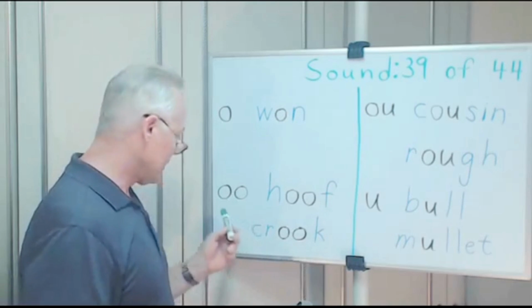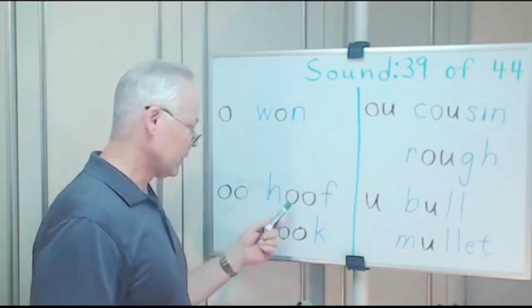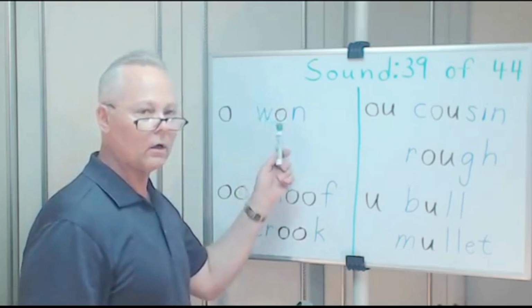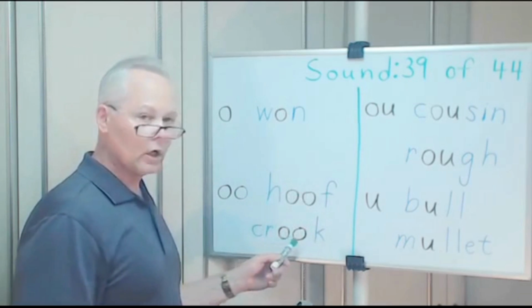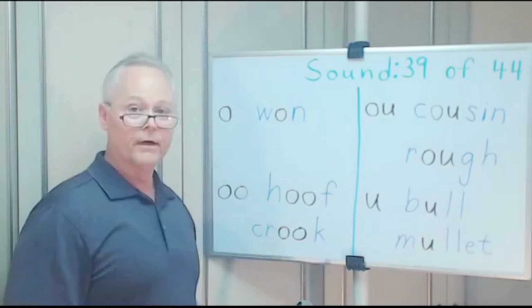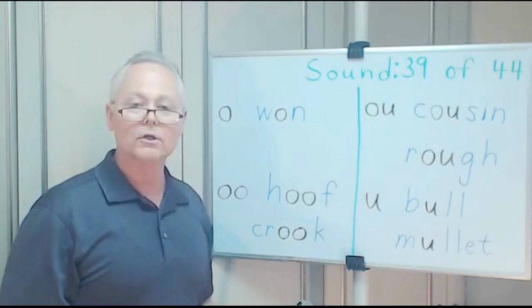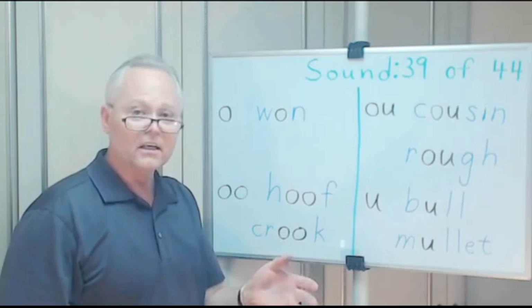O. Now you know O comes in different sounds. Well, here it's the word hoof. Crook. A hoof is, think of a horse's hoof. The foot of a horse, it's actually a hoof.